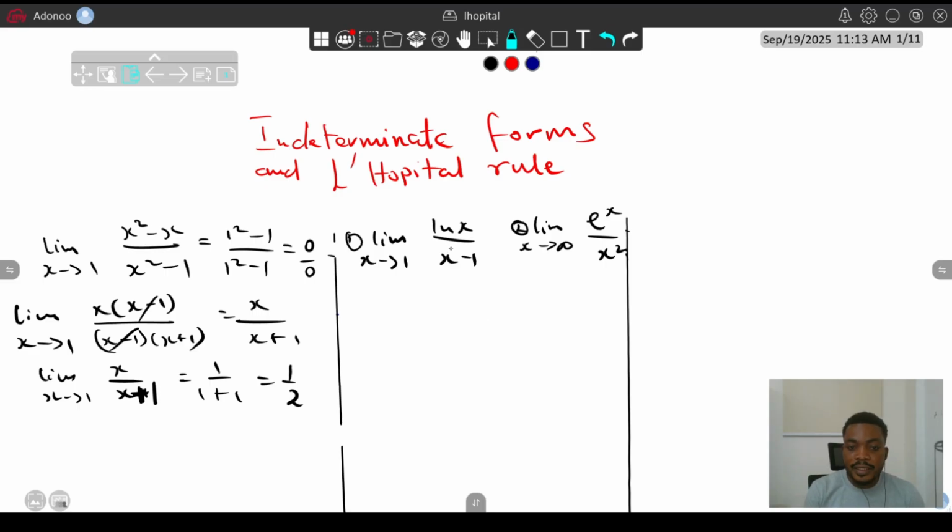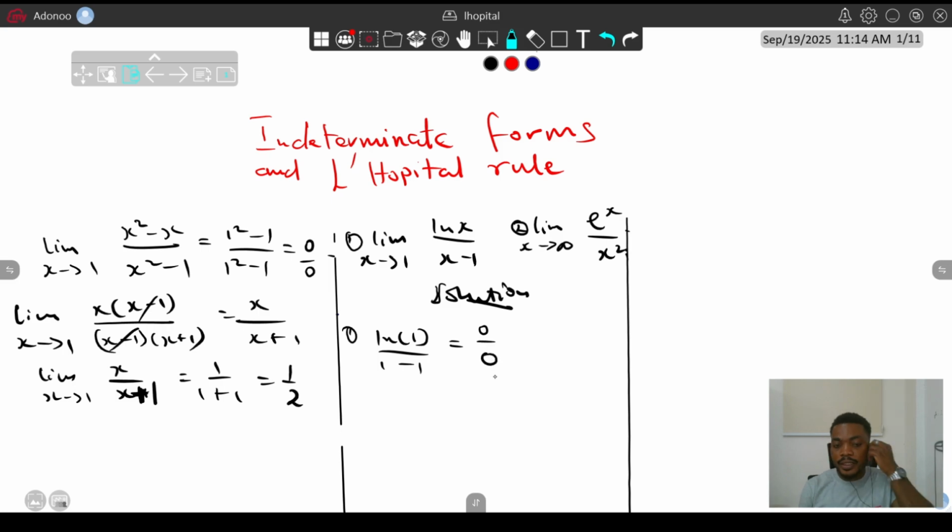So now let's test these two functions with their limit points. If we insert 1, we have ln of 1 over 1 minus 1, and this gives me 0 over 0, which is also an indeterminate form. Yet I can't factorize it.